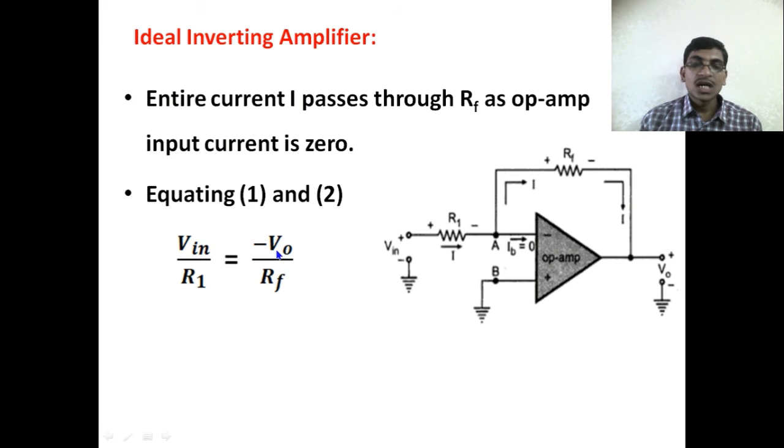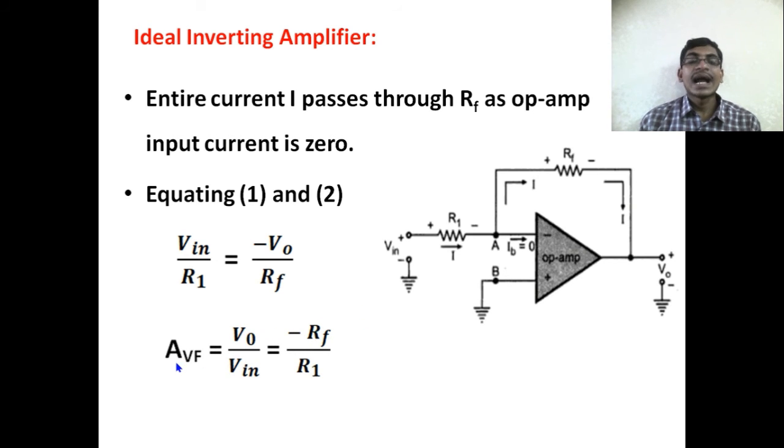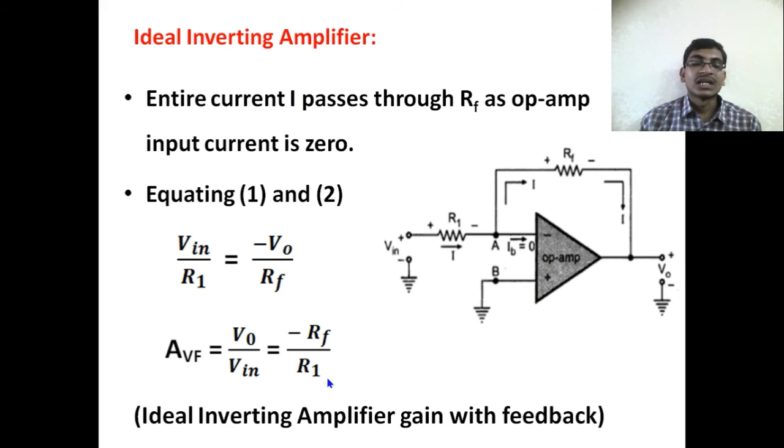Here we can see the output voltage on the right hand side and Vin on the left hand side. If you take this Vin to the right hand side, then we can write the closed loop gain of the ideal inverting amplifier AVF is equal to V0 divided by Vin, which is equal to minus Rf divided by R1. This is the ideal inverting amplifier gain with feedback.